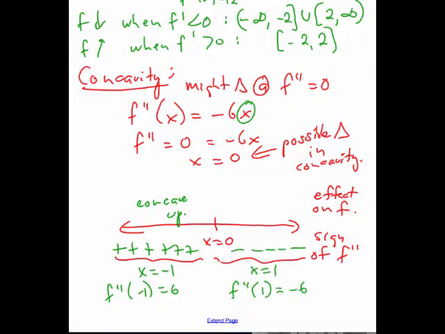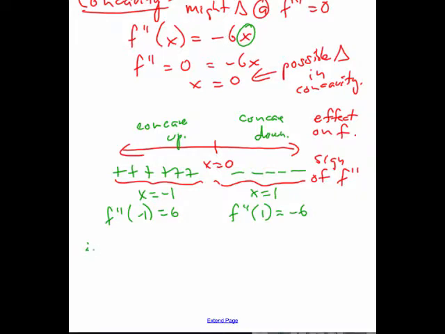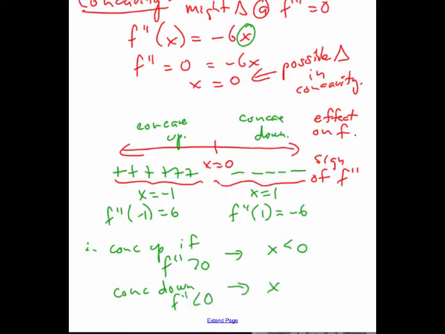A negative second derivative means I'm concave down. So therefore we're concave up if the second derivative is positive, and that occurred when x was less than 0. Concavity intervals are always open. And it's concave down, the second derivative is negative, when x is greater than 0.